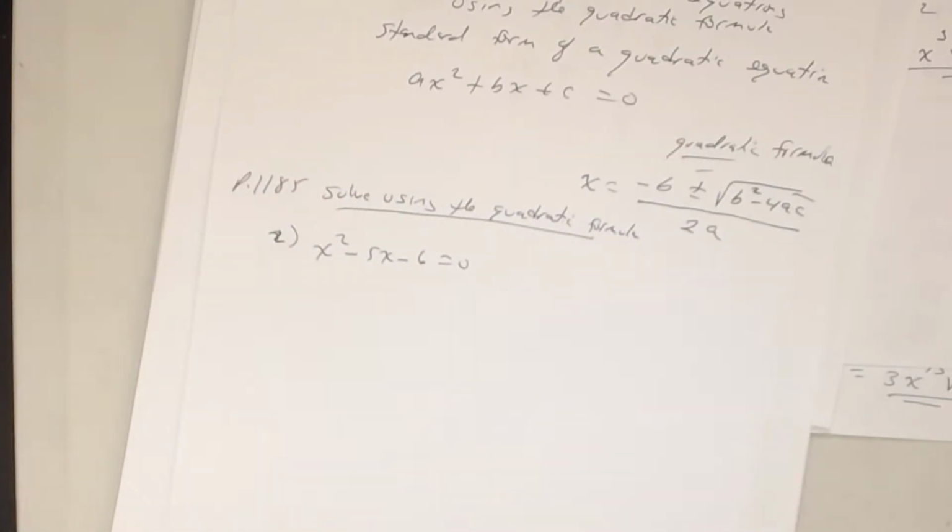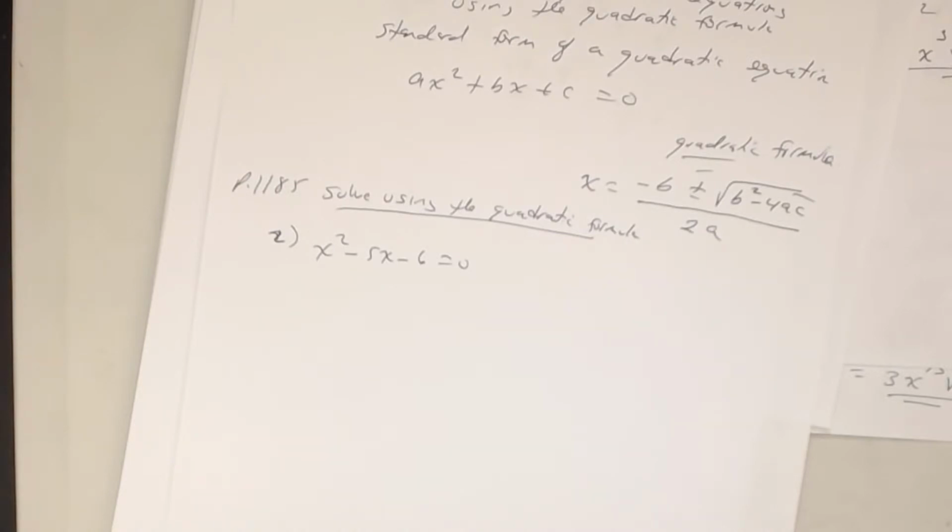Now, it just so happens that this quadratic equation is factorable, so you could have done it on the last test. But does the direction say solve by factoring, or does it say solve using the quadratic formula? Solve using the quadratic formula. So always make sure you follow the directions.